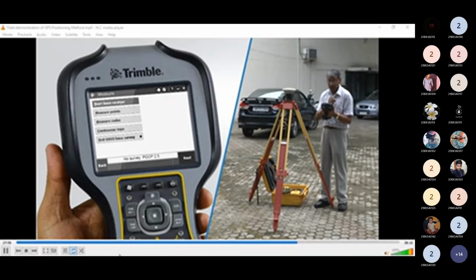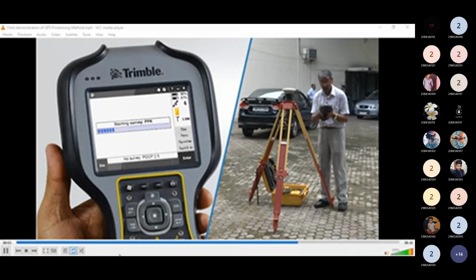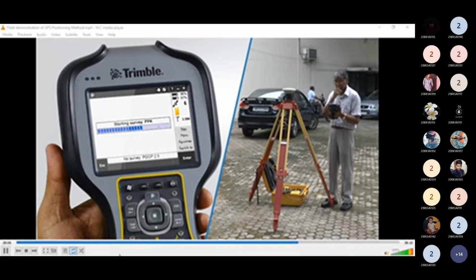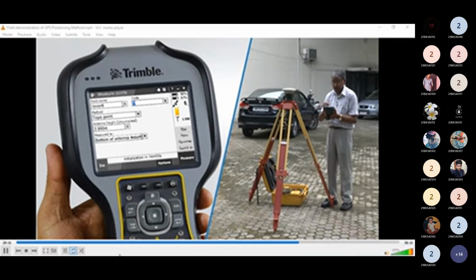It is the PPK, so measure points. It has started the post processing kinematic positioning. Let us say the name as Rover 6, and the antenna height we have measured as 2 meter. So enter, measure.